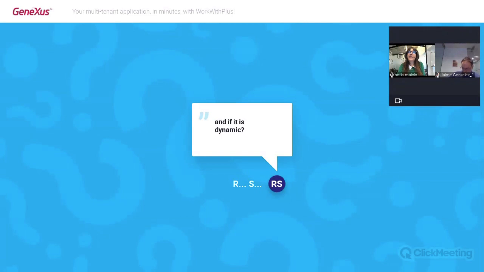If it is dynamic, the menu is retrieved from a transaction, and then you have to work with the screen that is created to manage the menu. But please send this to our support email, support@wordwithplus.com, and we can help you better with that question.